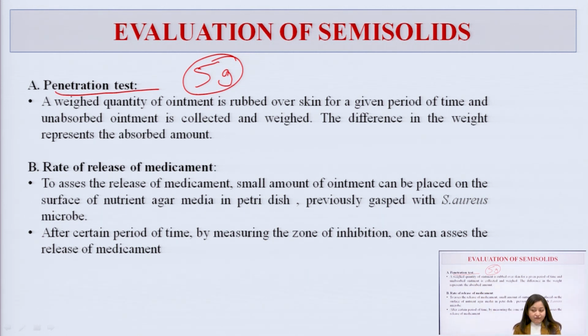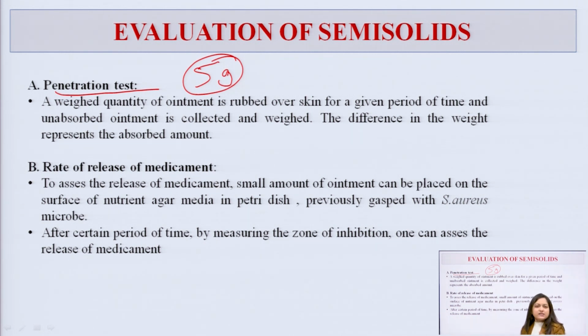After application, we leave it for a certain period of time, and after that time we scrape off the ointment that we applied on the skin and weigh it again.